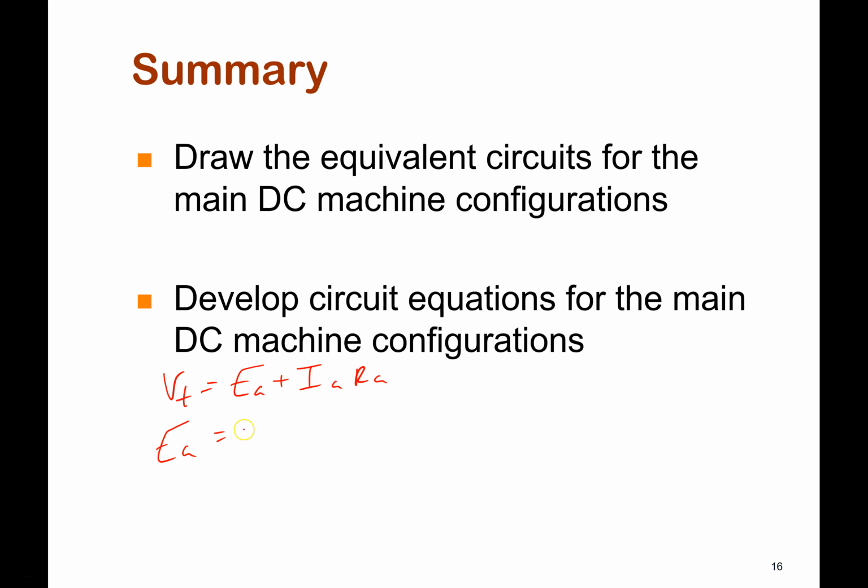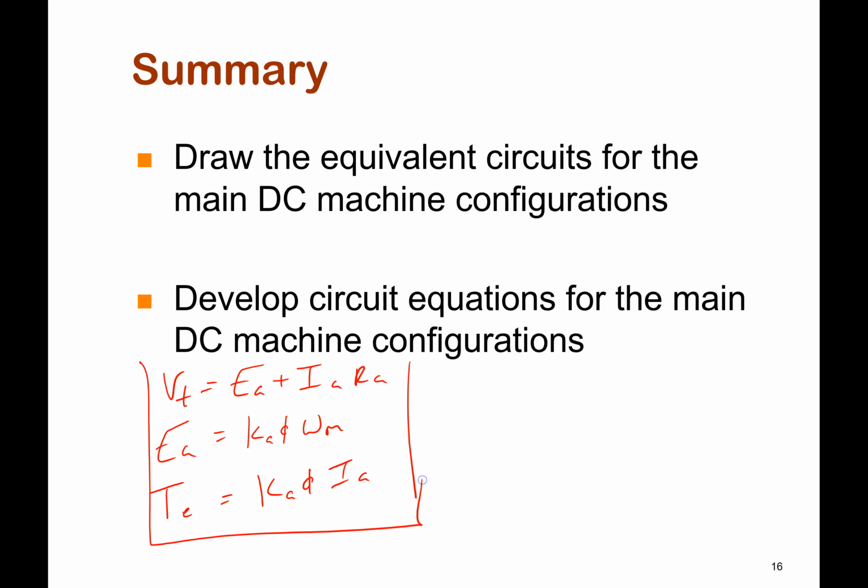EA is equal to KA phi omega M, and TE is equal to KA phi IA. These are the basic equations we work with, and from these equations we can figure out everything in the DC machine. This is what you'll need to know for all the questions.